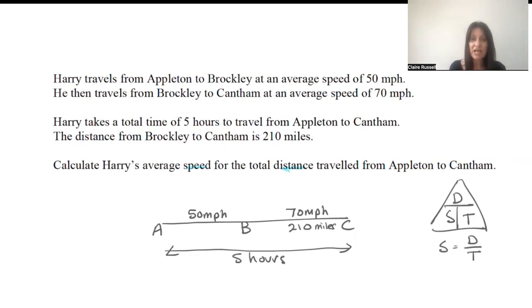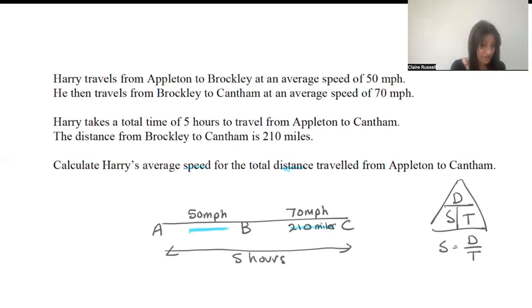And because I want the average speed for the total distance from A to C, I need the distance and the time for A to C. And the distance is missing here. So I know this distance, but I need this distance. All right. I can't work out that distance without 2 pieces of information.